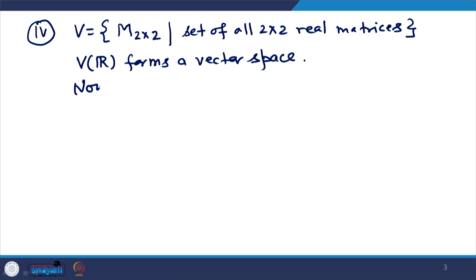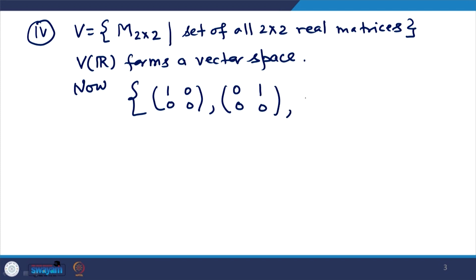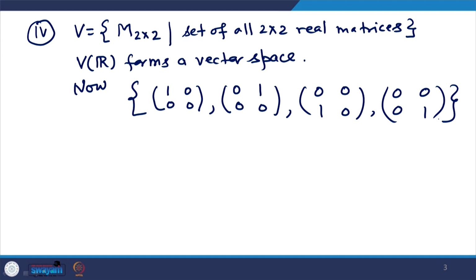Now, what will be the basis of this? One of the possible bases for this vector space V is shown here. Here you can notice all the vectors, which are 2 by 2 matrices, are linearly independent, and any 2 by 2 matrix can be written as a linear combination of these 4 matrices.